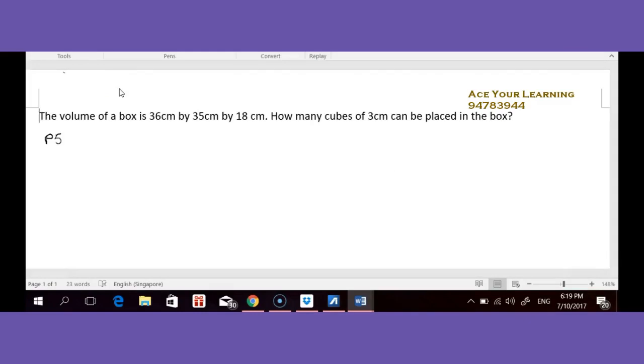The volume of a box is 36 cm by 35 cm by 18 cm. How many cubes of 3 cm can be placed in the box? You have to know that for a cube, all sides are equal. In other words, the length, breadth, and height are all 3 cm. Now we're going to do the equation. 36 divided by 3 equals 12 complete 3 cm.